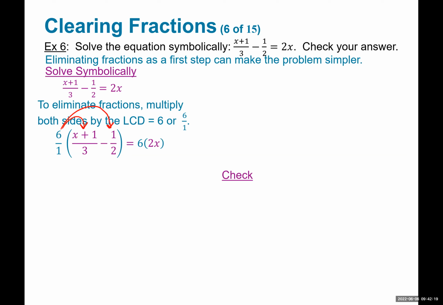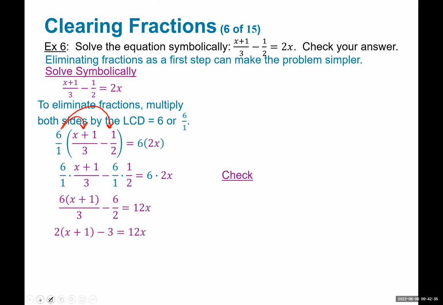So 6 times x plus 1 over 3. Well, the 6 will cancel with the 3, and we'll end up with 2 times x plus 1. The 6 also is getting multiplied by 1/2, and we'll end up with 3. And 6 gets multiplied by 2 and we get 12.